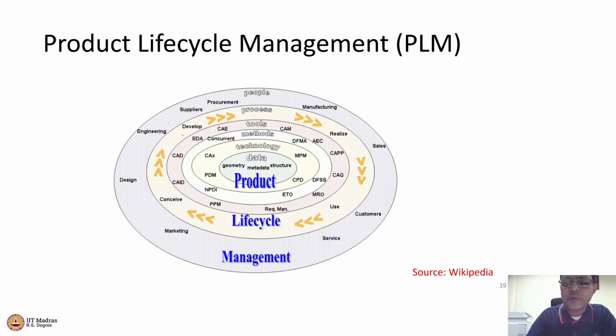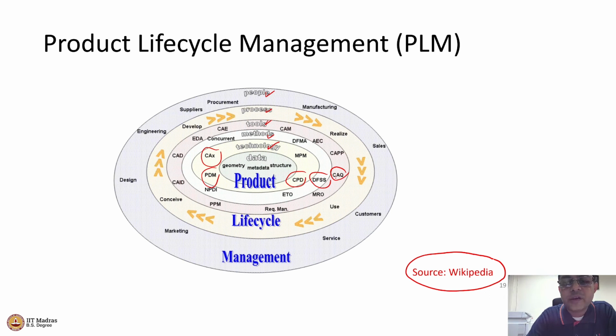Once again, this is not my contribution. I have to credit Wikipedia for this diagram, but it nicely explains all the data that is stored in PLM, right? It has technology data, methods data, tools data, process data, people data, everything. It has PDM, product data management, all the CAX data, all the CPD data, all the DFSS data.